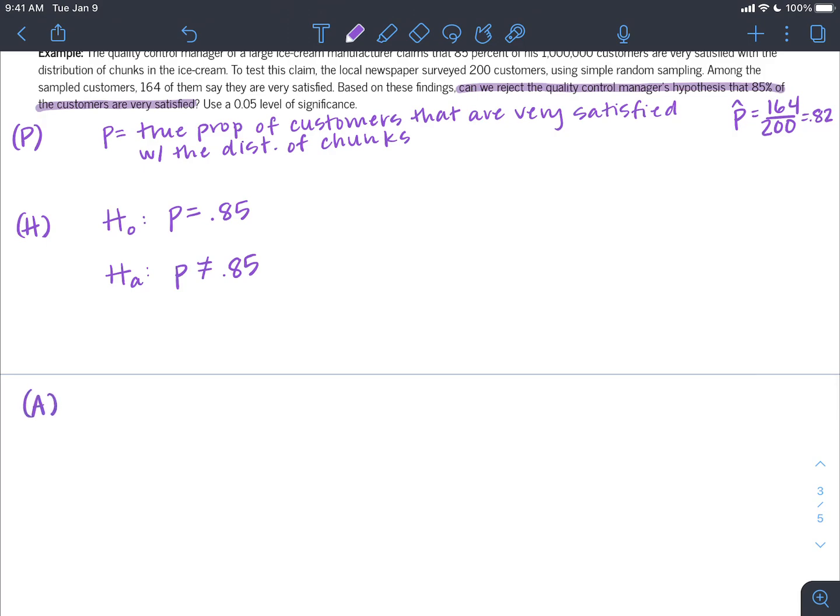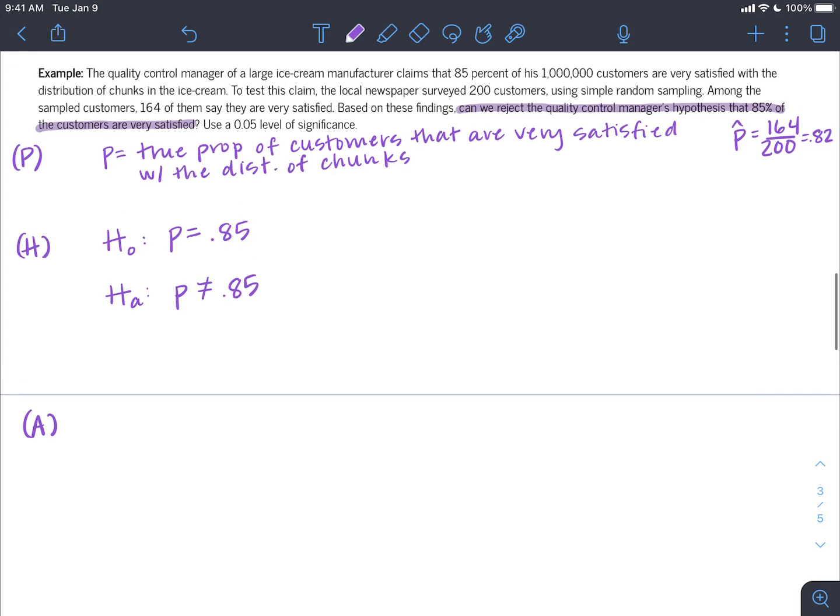Our assumptions. Okay, we are taking a random sample, so 200 luckily is less than 10% of his 1 million customers, right?